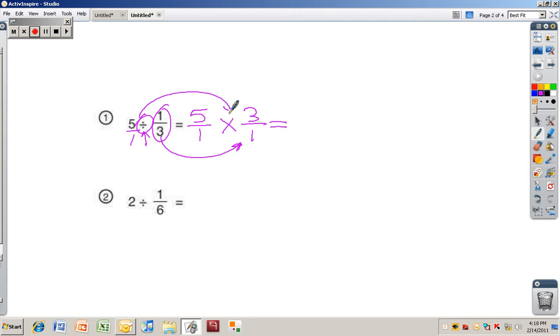You can't just change it to a multiplication symbol and leave the second fraction the same. You've got to change the fraction as well. So 5 over 1 times 3 over 1, that's 15 over 1. There's no reason to even write the 1 under there because 15 over 1 is equal to 15. Okay, pause the video and try number 2, and then turn it back on when you're ready for the solution. This becomes 2 over 1 times 6 over 1, the inverse of that, which is equal to 12 over 1, or 12.